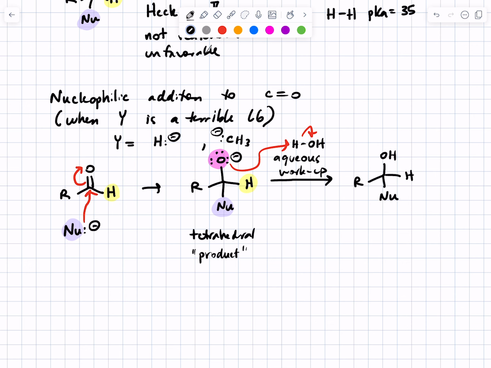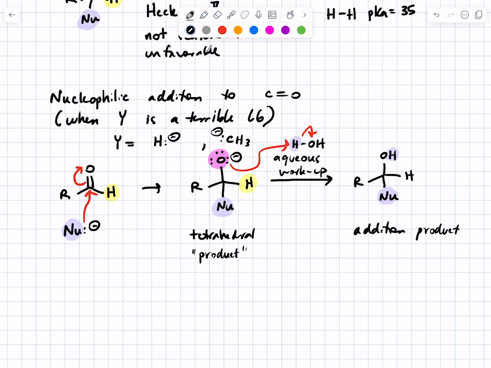which formally is an addition product. The nucleophile got added to the molecule, and then a hydrogen from water got added to the molecule. Relative to where we started, with a pi bond between carbon and oxygen, we added nucleophile and then hydrogen on the oxygen. This is called an addition product.